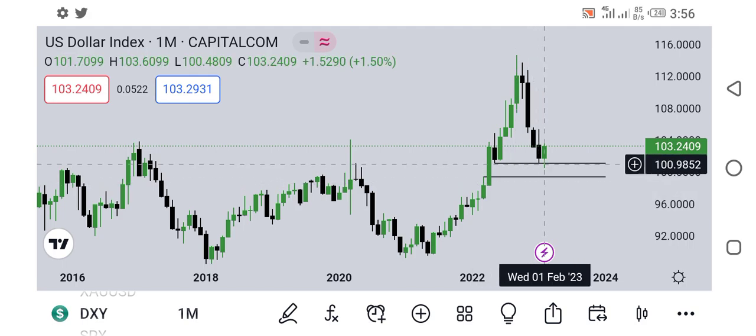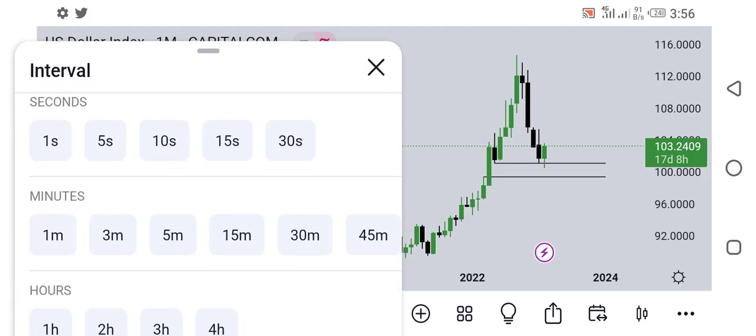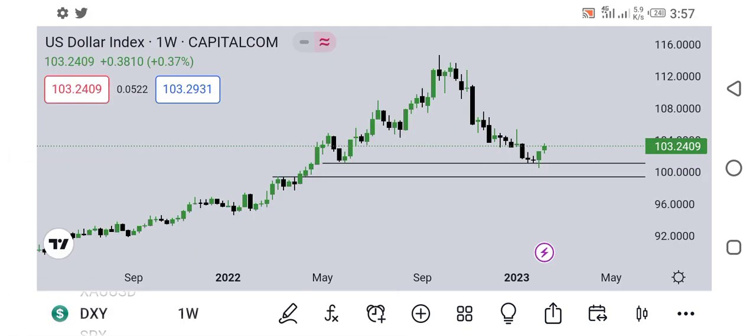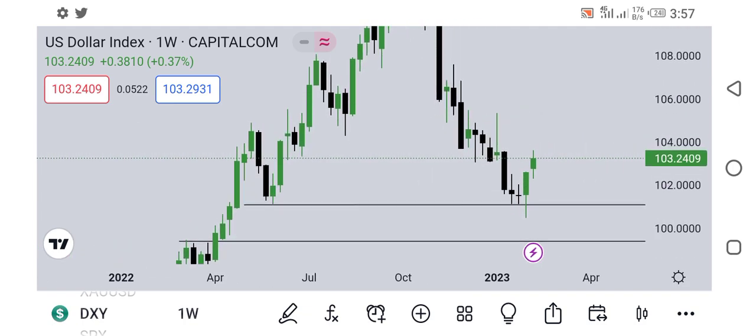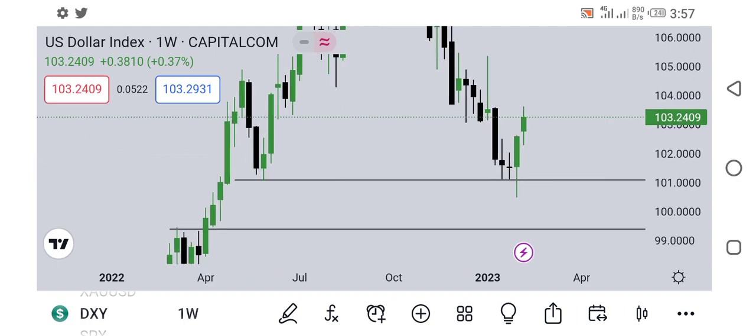So I was still expecting price to drop inside, and price did drop inside. Let me drop to a weekly. On the weekly, you can see that last week we had a good drop into that monthly fair value gap, and immediately we had a good response upward.